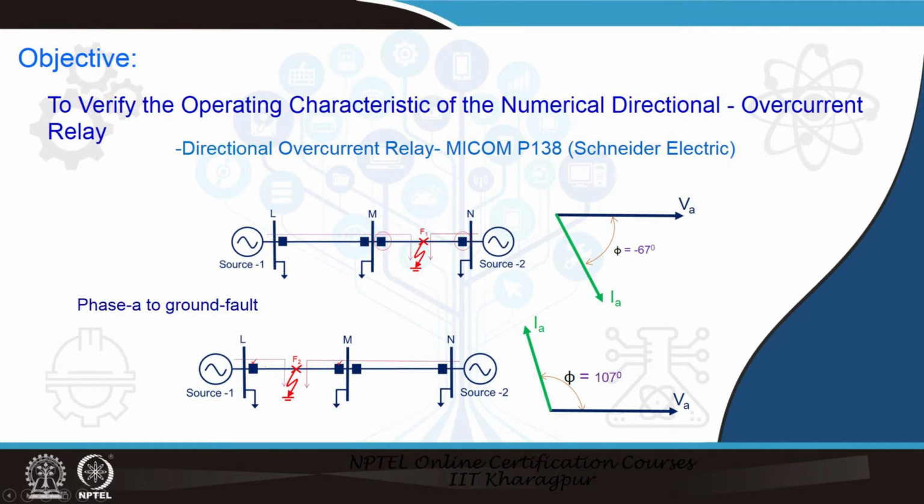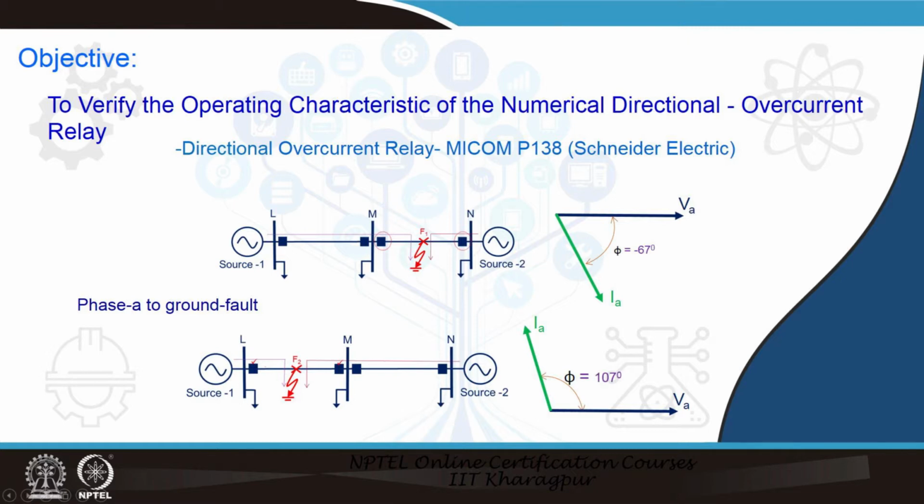Otherwise, if any one does not satisfy, the relay will not operate. If the current happens to be less than the setting current, the overcurrent will not function and the relay will not have a trip decision, and if the direction information between the voltage and current does not happen to be within the settings, then the directional element will not operate. So, if any one of these does not operate, the relay will not go for operation.